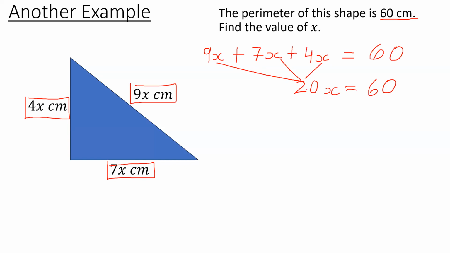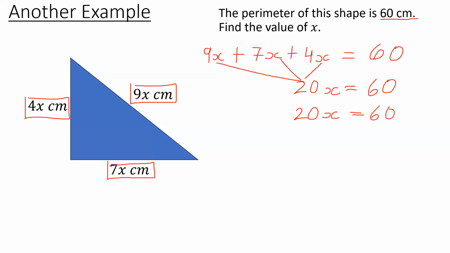Okay. Now, can someone tell me what we do at this point? We divide. Very good. We divide both sides by what? By 20. We divide both sides by 20. So we have 60.